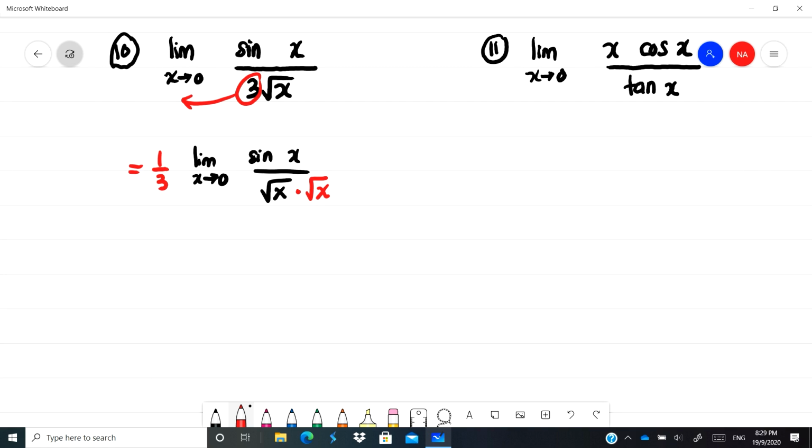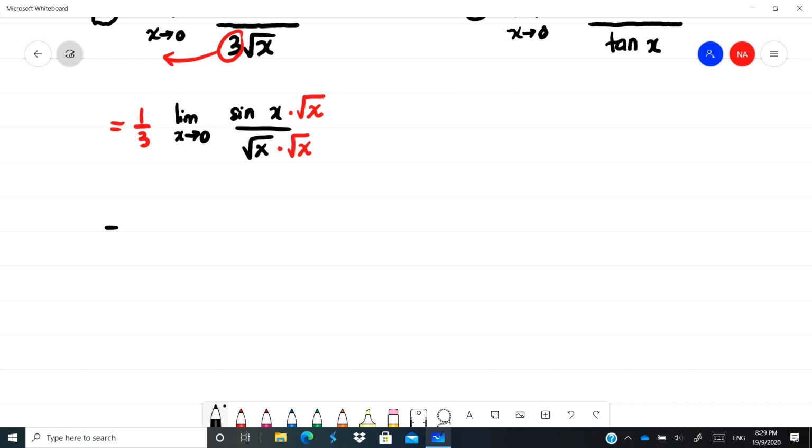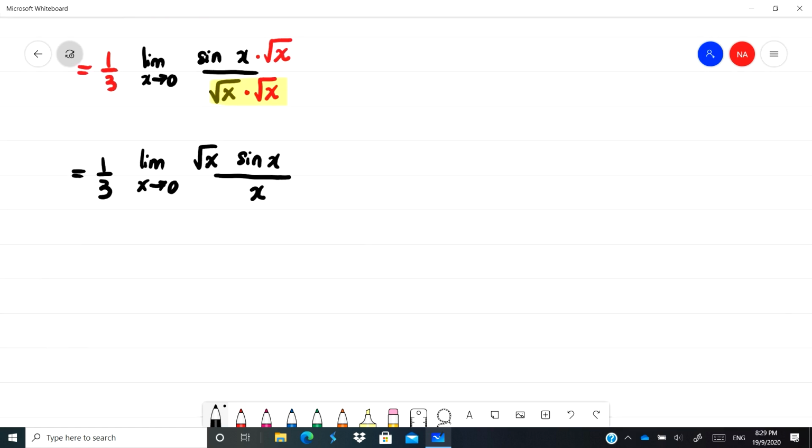If you multiply square root x at the denominator, you have to multiply the square root x at the numerator also. So we'll have 1 over 3, limit as x approaching 0 of square root x sine x over, this part will be x, so over x.